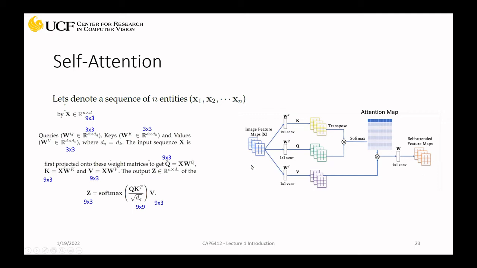So there are 3 convolutions, and each has 3 parameters, so there'll be 9 parameters, and that's why this matrix has 9 parameters, so 3 by 3. And in the same way you can see that this will also be 9 parameters, and this will be 9 parameters also. So I think it's very nice. This figure explains that this is what we are going to do in the self-attention.